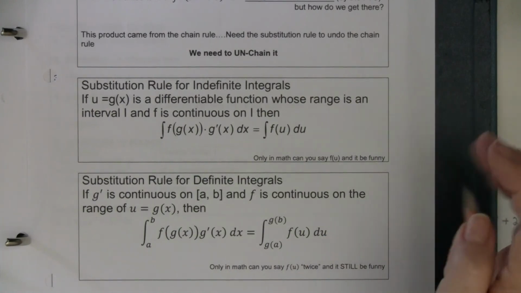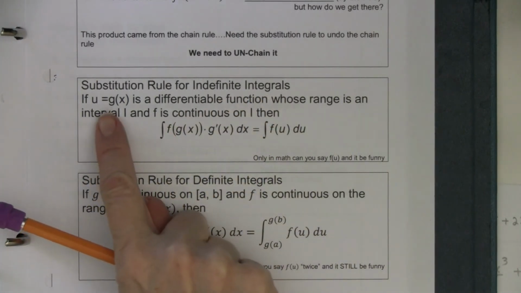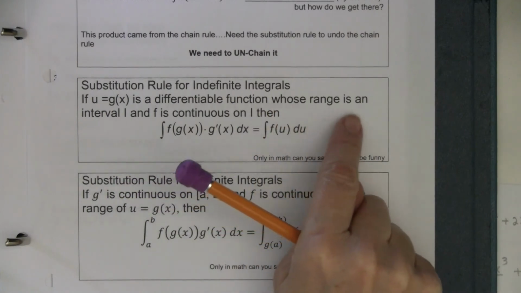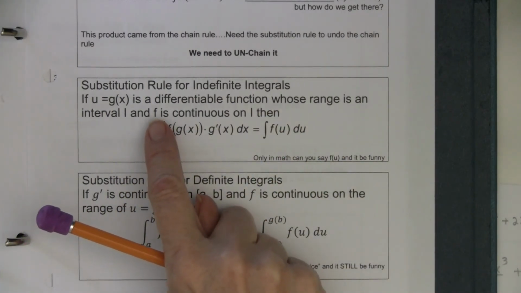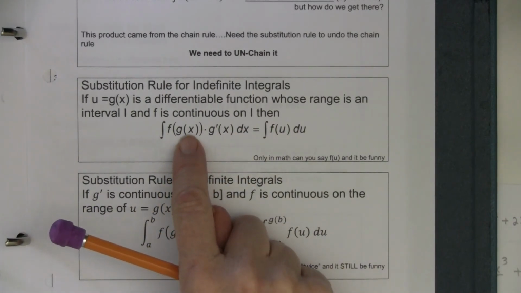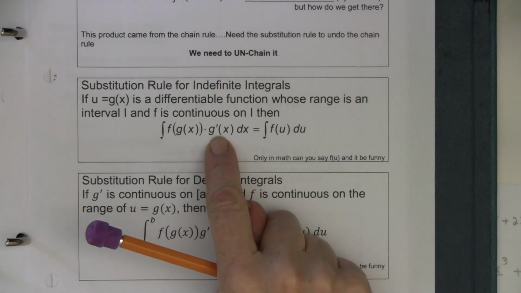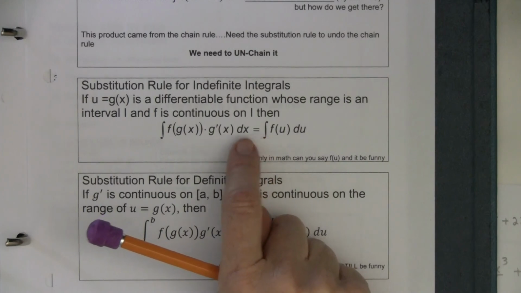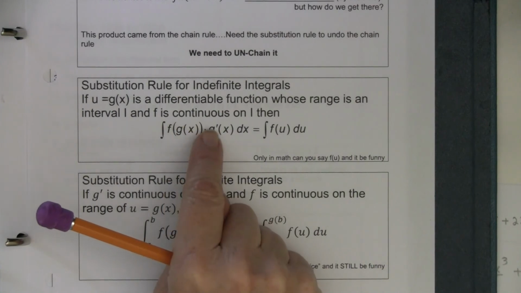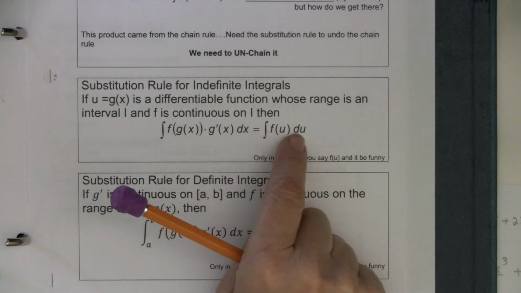In the theorem, they say that the substitution rule for indefinite integrals, if u equals g of x is a differentiable function whose range is an interval I and f is continuous on I, then the integral of f at g at x times the derivative of g at x dx is equal to, now remember they let u, here's u, there's the derivative of u, the integral of f at u du.